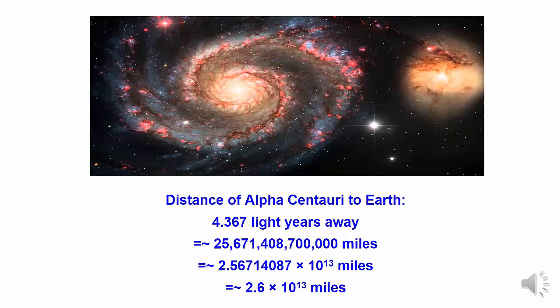The closest star system to our solar system is Alpha Centauri, and it is 4.367 light years away, which is about 25,671,408,700,000 miles away. That is an astronomical number, pun intended. We can try to express that in scientific notation, or we can even make it even more concise by rounding off to the 10th spot and just merely saying 2.6 times 10 to the 13th miles away.